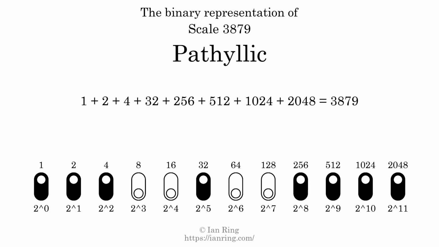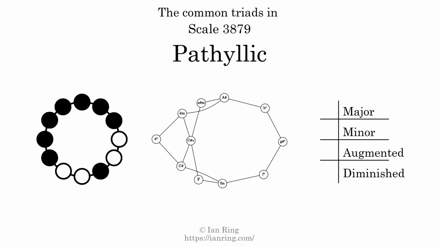That is why the scale number, in decimal, is 3879. The scale number not only enumerates the scale with a unique index, but it also literally describes the tonal content of the scale. Represented as a binary number in base 2, the scale number is 111100100111.